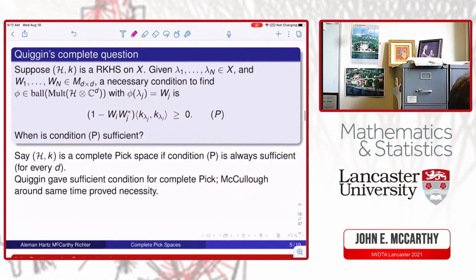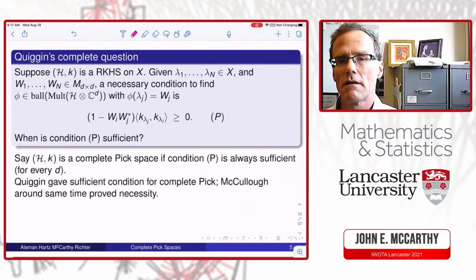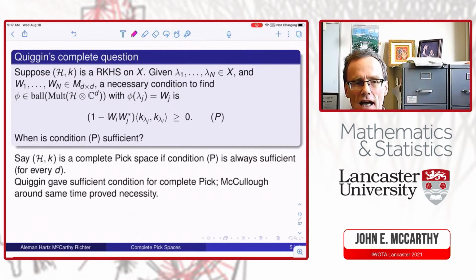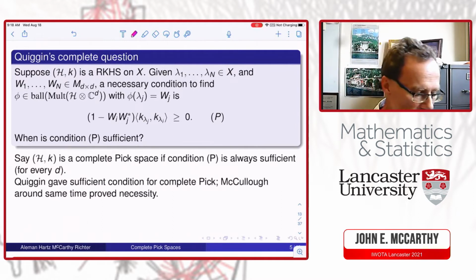Now, the good thing about the complete question is that we have a complete answer. Quiggin gave a sufficient condition for a space to have the complete Pick property. And around the same time, Scott McCullough was also thinking about the problem, and he proved the condition was also necessary.